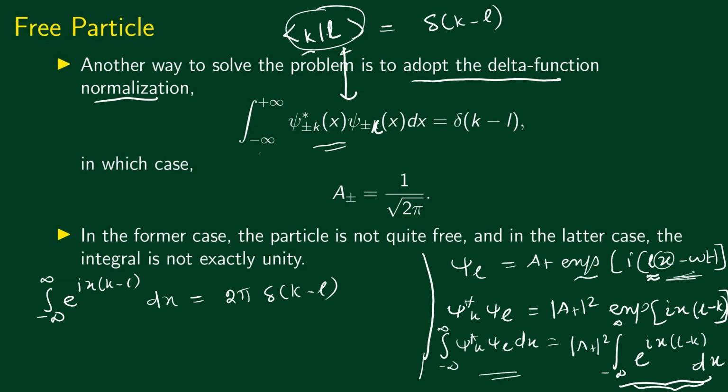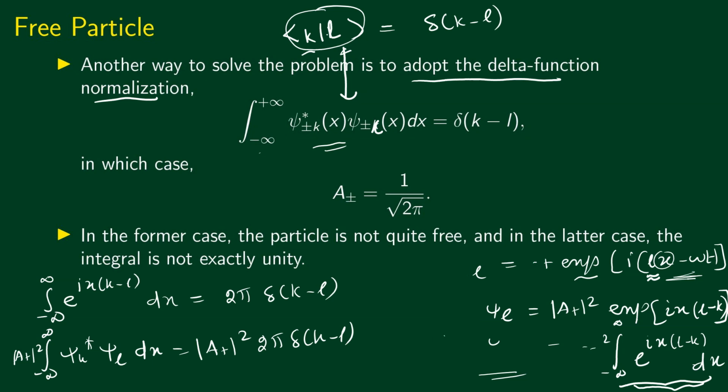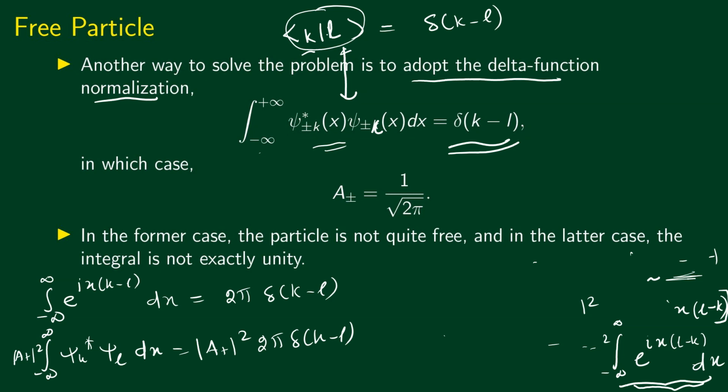This means that the integral from minus infinity to infinity of modulus a plus square psi k star psi L dx is equal to modulus a plus square times 2 pi delta k minus L. Now we demand that this is equal to delta k minus L. So the question is, what's the value of a plus in such a way that this integral is delta k minus L?